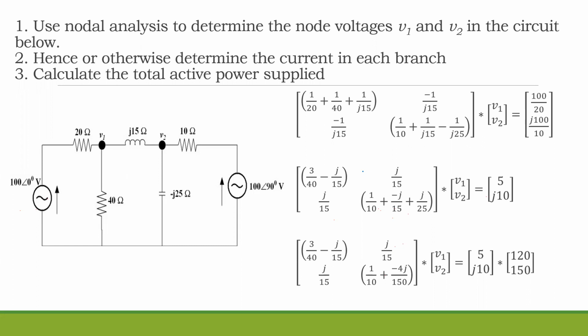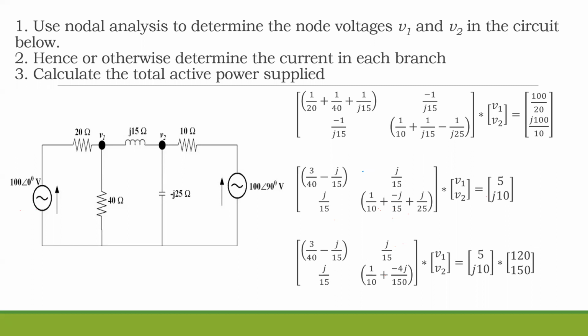Sir, just some clarity here for position A22, where we're supposed to sum up all the elements that are connected to node 2.